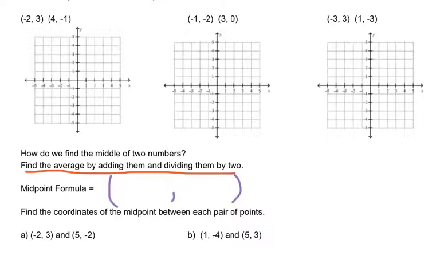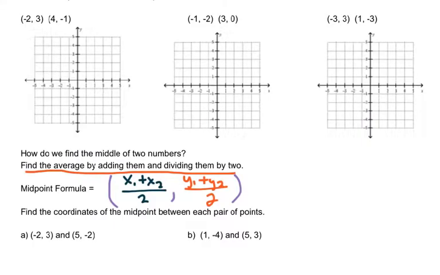Our x coordinate would be x1 plus x2 divided by 2, since we're taking the average of those 2 coordinates. And the same exact thing for y: y1 plus y2 divided by 2. That's it. All you are doing is averaging your x coordinates and averaging your y coordinates.